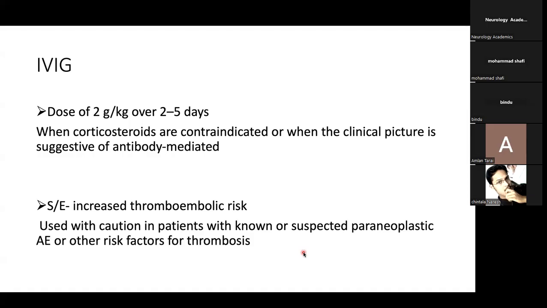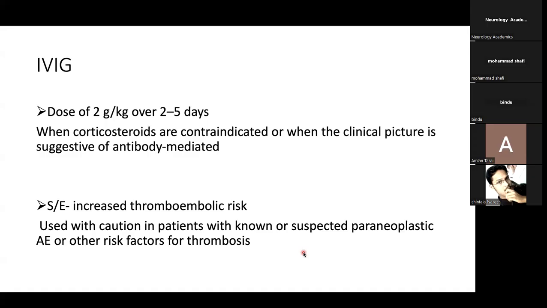Does IVIG act on the Fc receptor? Is it a lack of efficacy or a particular kind of side effect? Why is it used with caution in suspected paraneoplastic cases?